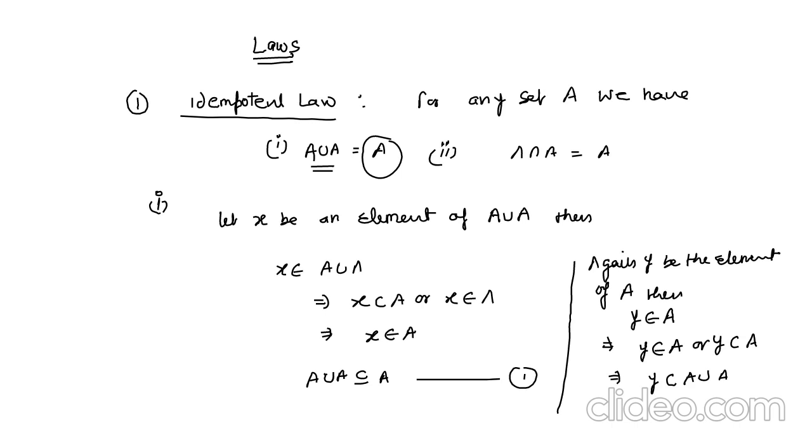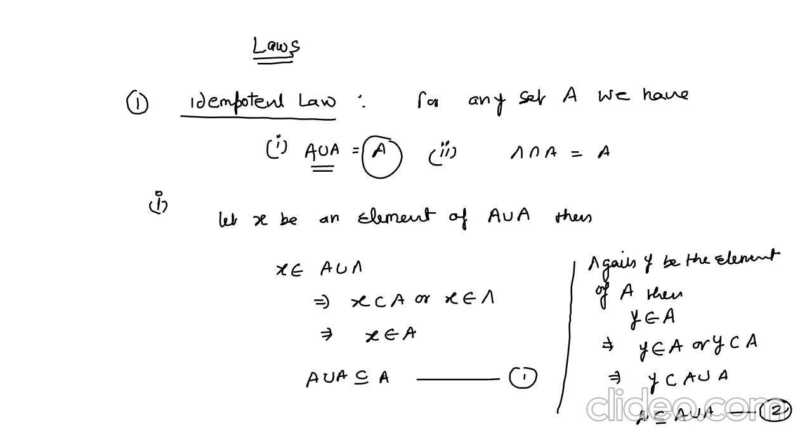So we can say that if y is an element of A and this y is an element of A union A, then A is a subset of A union A. This is equation number 2.